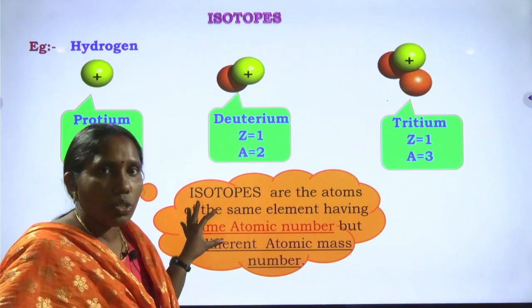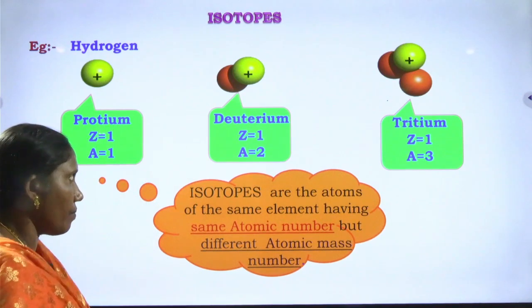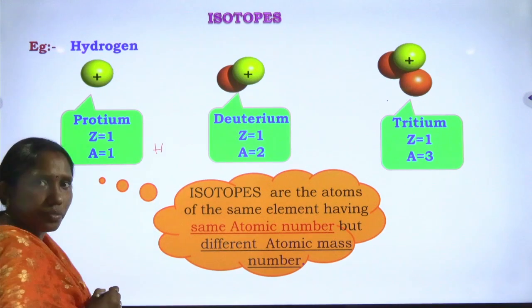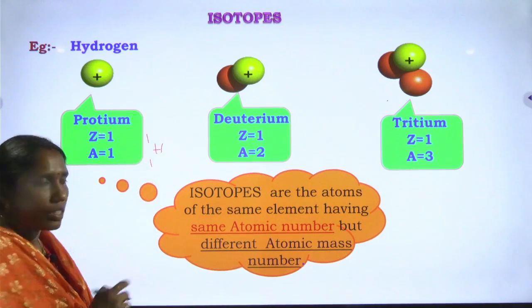So what are isotopes? Here we can represent protium as H, with the atomic number and mass number written as H 1 1.